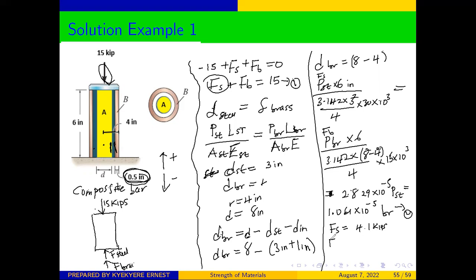And the value for F brass should also be equal to 10.9 kips. And we are done solving the problem.